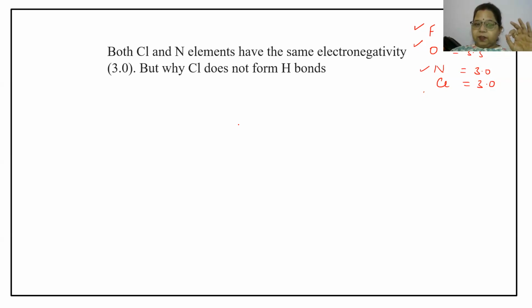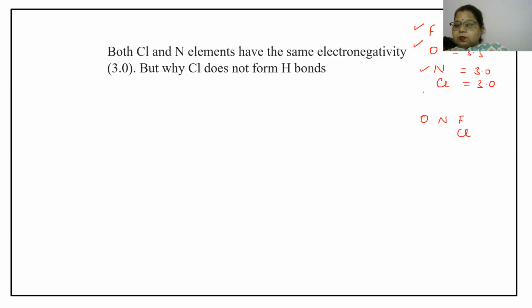That is again one of the important questions, right? For that, we have to understand that the size of chlorine atom is larger than nitrogen. Again, this mystery can be solved on the basis of the periodic table. If I draw the periodic table like this: oxygen, nitrogen, fluorine, and below fluorine is chlorine.